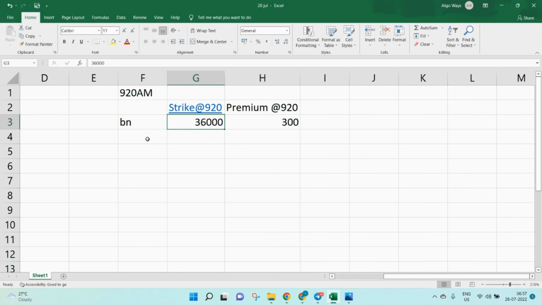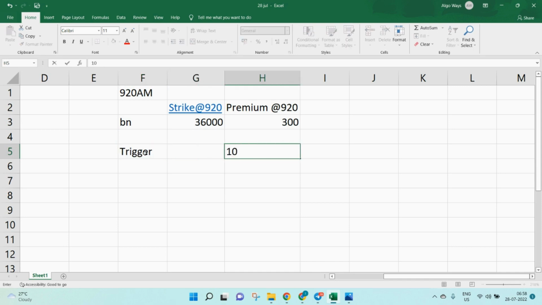So whenever this premium of 300 for this strike goes down by 10%. So what will be the trigger? 10% decay from 9:20 rate.